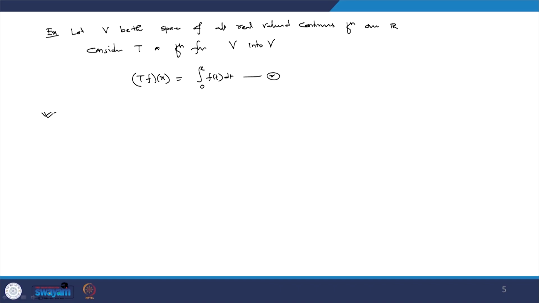Now, let me go to these specific linear operators, I mean linear operators on finite dimensional spaces.